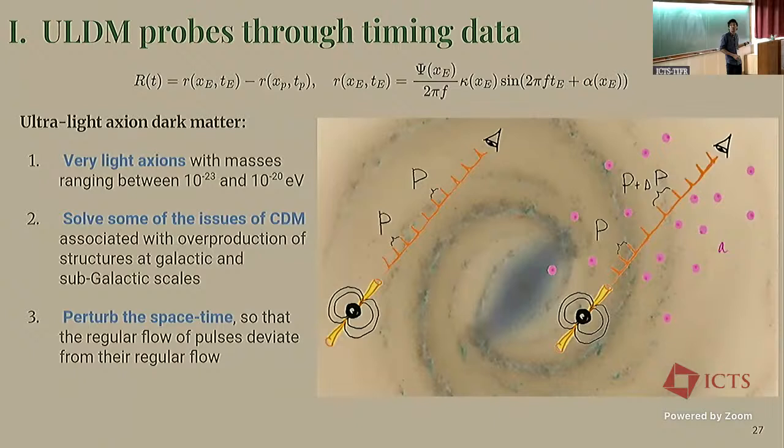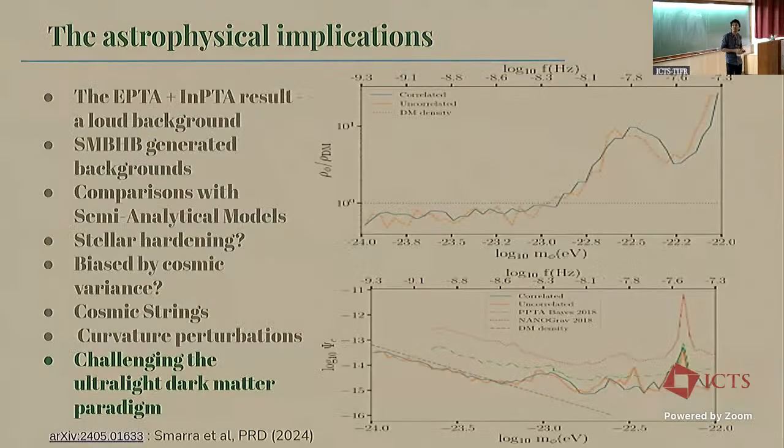We did this with the EPTA DR2 as well. If you look at only the timing data, if you look at the pulses and you search for signals from ultralight dark matter, we are able to produce the strongest constraint on the ultralight dark matter density.